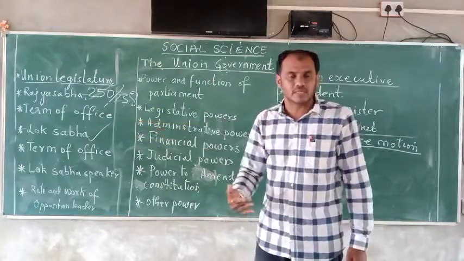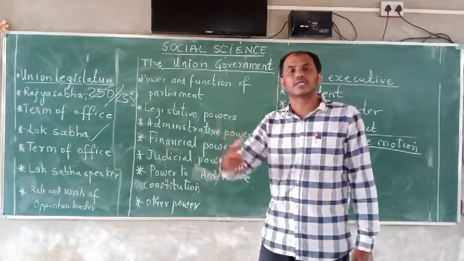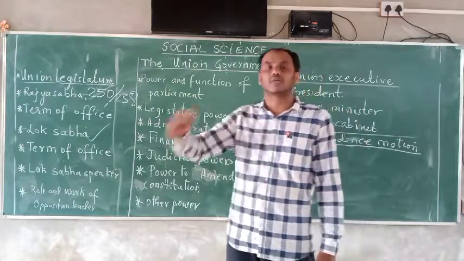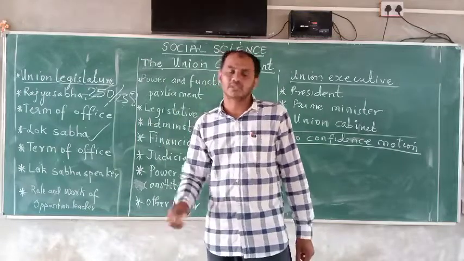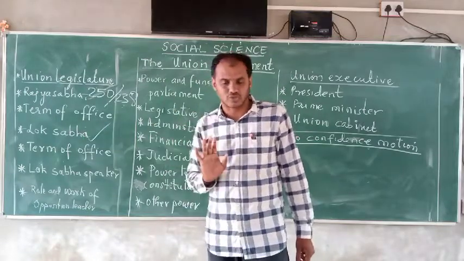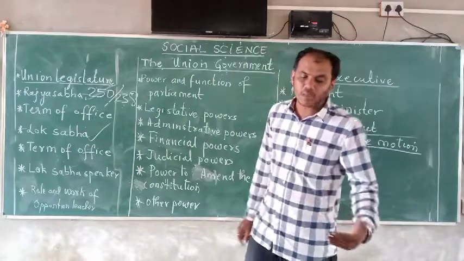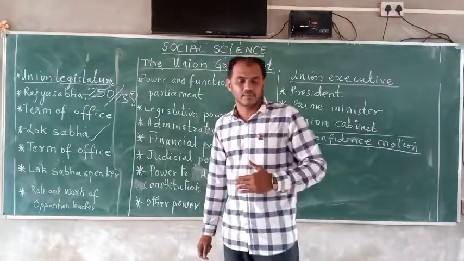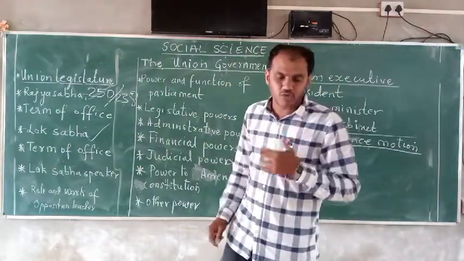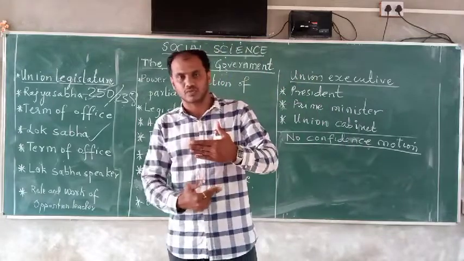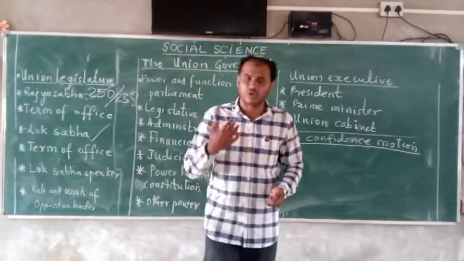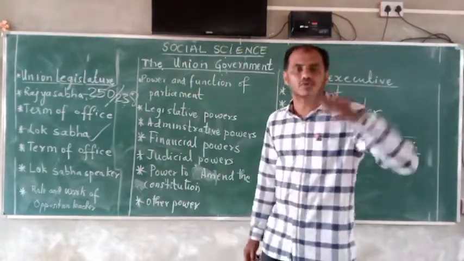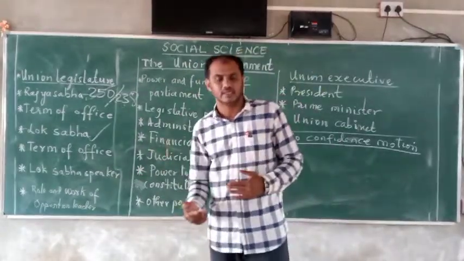Every 2 years 1/3 of its members retire after completing 6 years, or they may resign. If members are not willing to continue, they can resign, and in their place new members are elected.